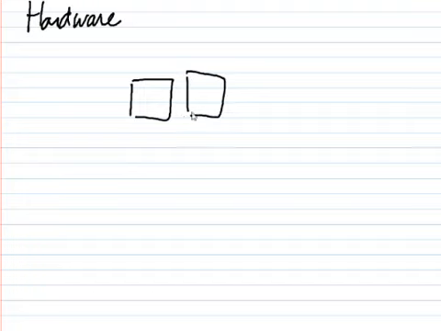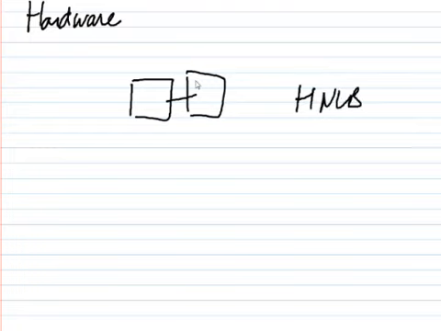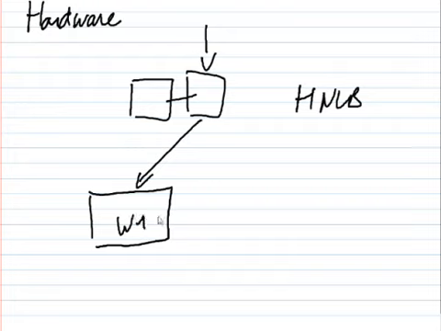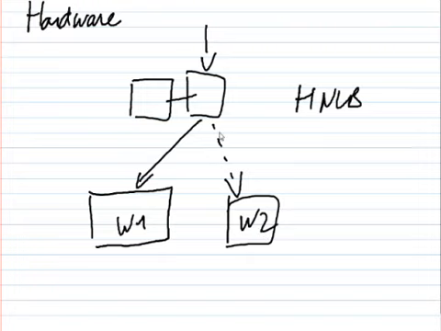First, hardware. With hardware, we'll have 2 or more equipments which are hardware network load balancers. The IP packet will go to one of those equipments, and the equipment will send the request either to W1 or W2 or W3.